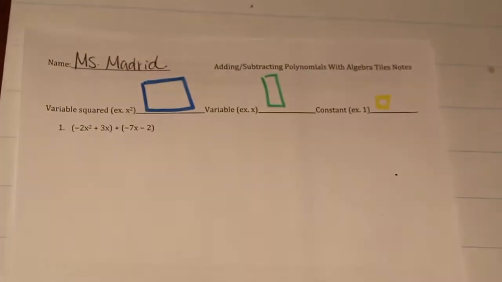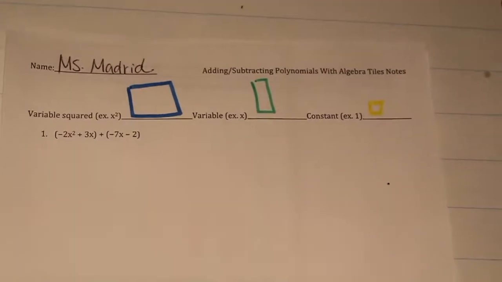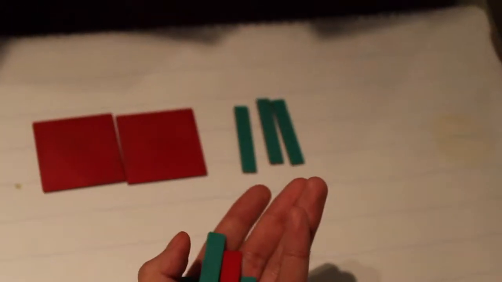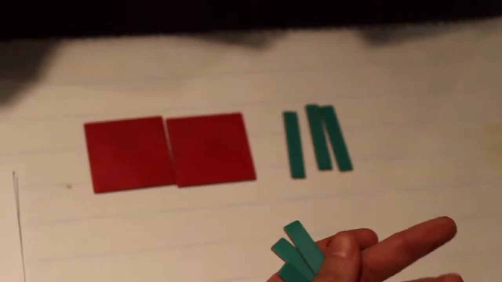Now, underneath this, we will place the second polynomial. The first term, negative 7x, tells us we need 7 of the x tiles. But because it is negative, we need to flip them to the red side.